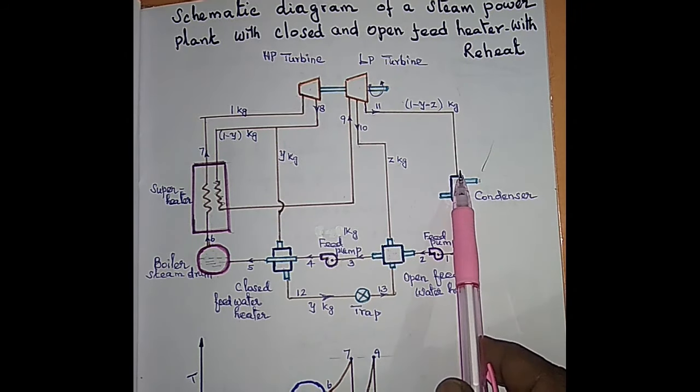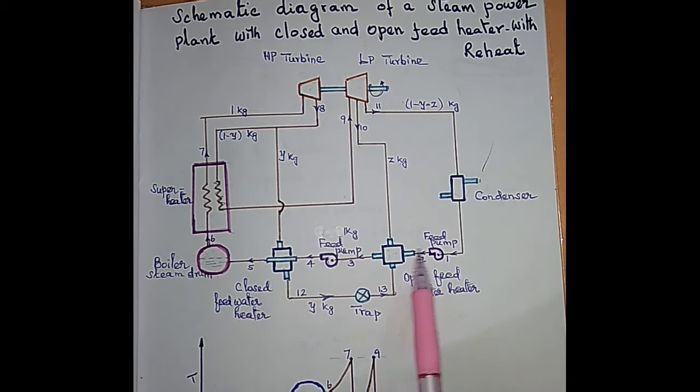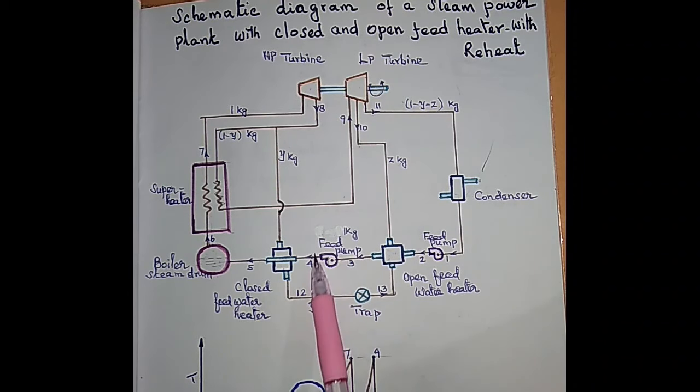So naturally, how much here will you get? Here 1 kilogram, because 1 minus Y minus Z is coming here, Z is coming here and Y is going here. So the net result will be 1 kilogram of feed water through the tubes passed into the boiler steam drum.